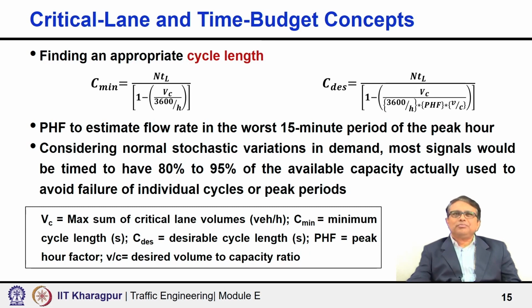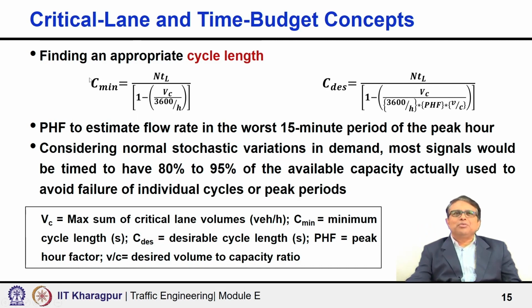First, we now bring in the peak hour factor. Why are we bringing in the peak hour factor? Because so far you have considered hourly volume in the calculation, but we need to consider the peak 15-minute hourly flow rate rather than the hourly volume.